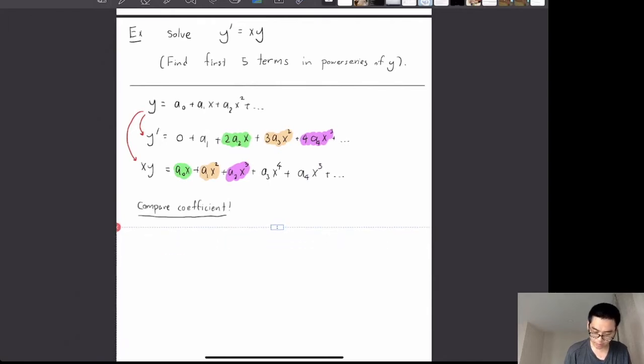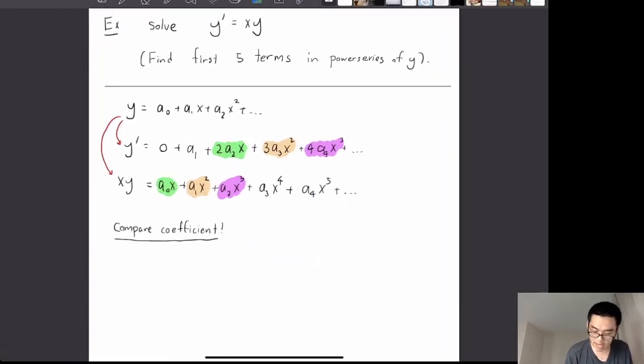So let's see what happened next. Right? What you want to do is, you see, the equation says y prime equal to xy, right? So what should happen is the thing in front of x should be the same as the thing in front of x. The constant term should be the same as the constant term, so on and so forth. Okay?